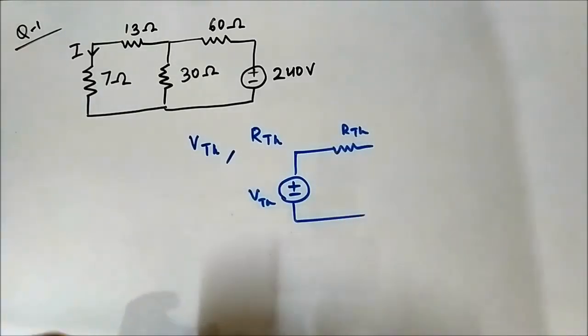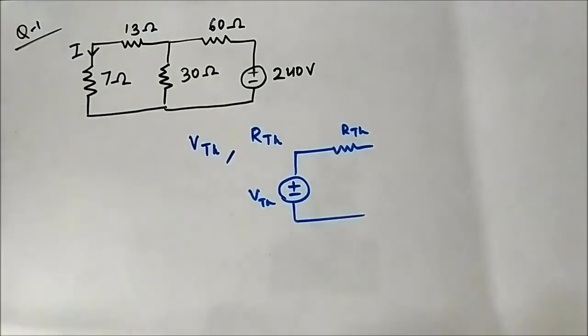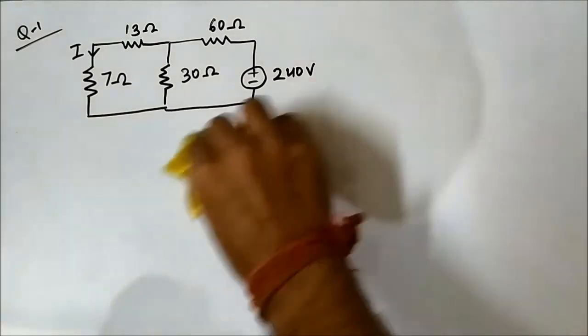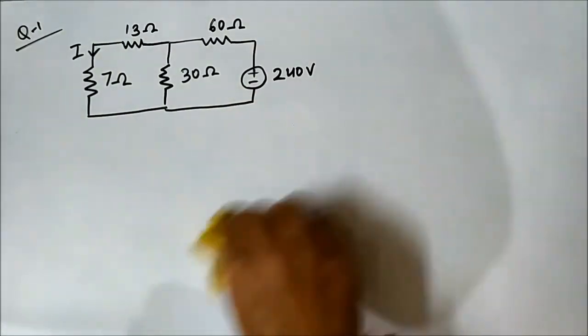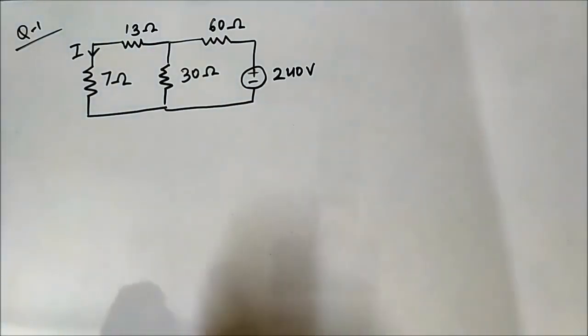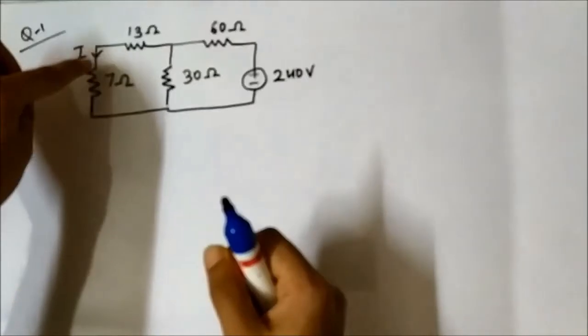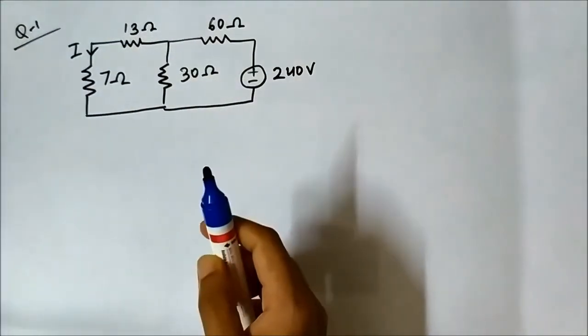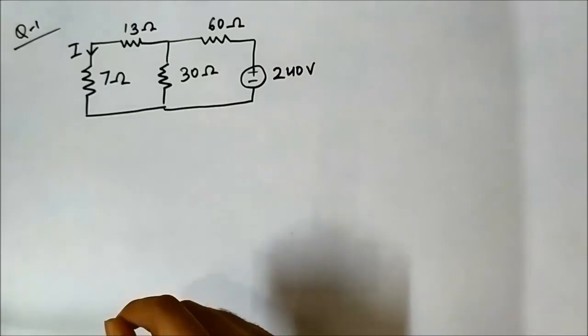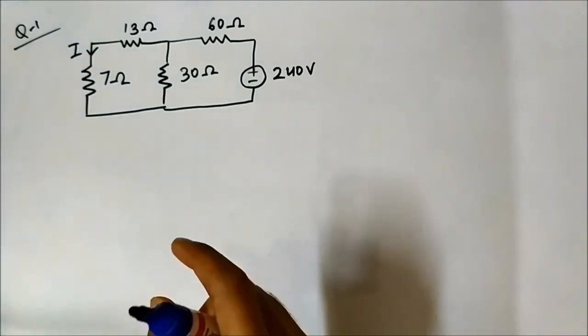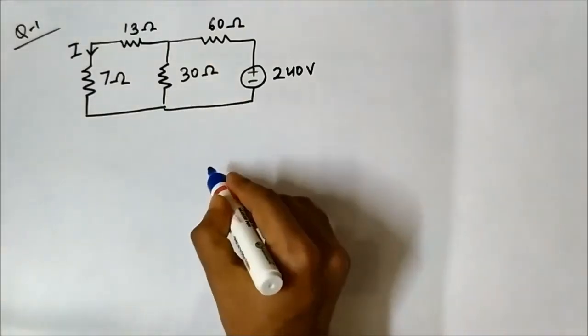So these 2 things we have to determine. Okay, so here it has been asked to find the current flowing through the 7 ohm resistor. So what we will do, let us redraw the circuit.